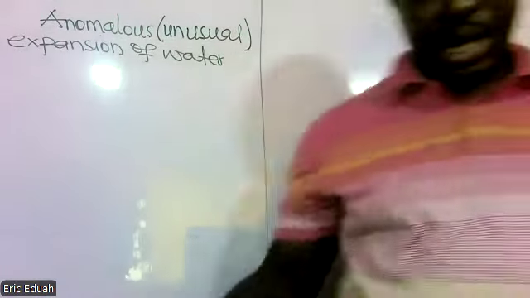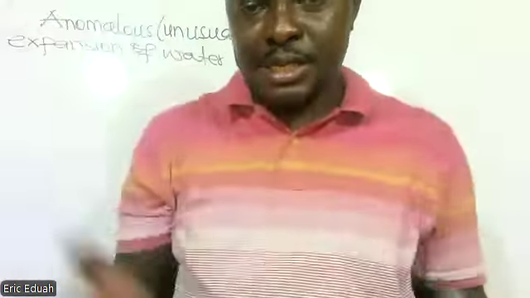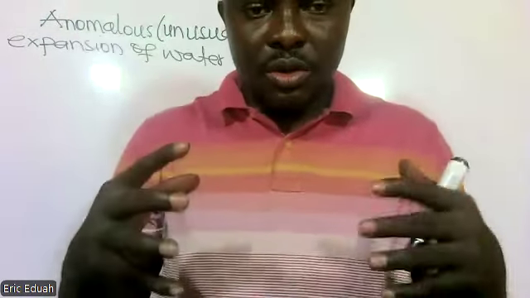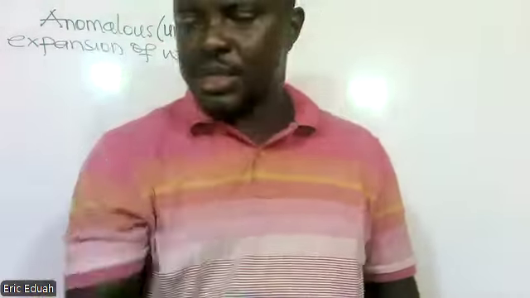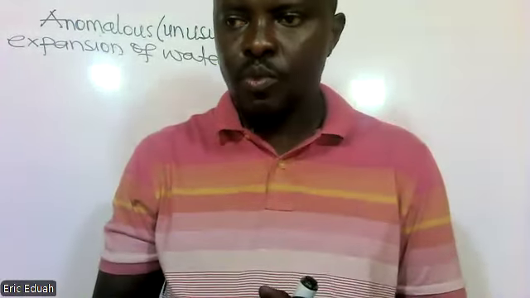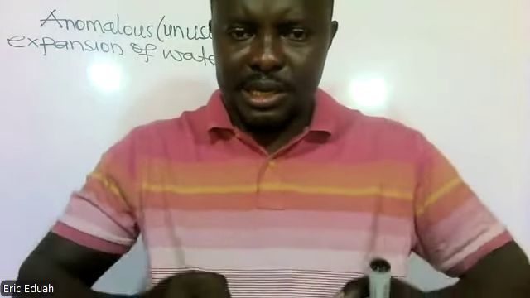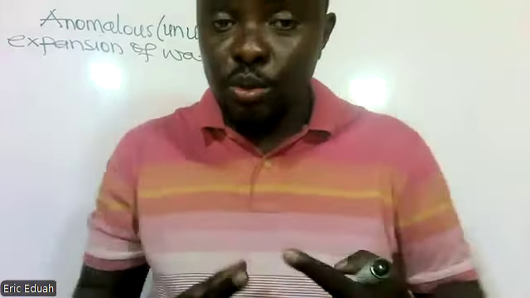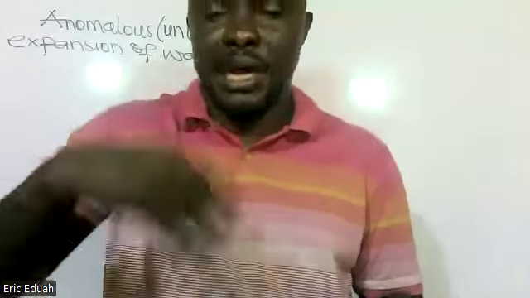Why is it abnormal? It is abnormal because all substances are such that when you supply heat, when you add heat energy to them, they would expand. If you pick aluminium and heat it, it would expand, meaning the volume would increase as it gains heat energy.